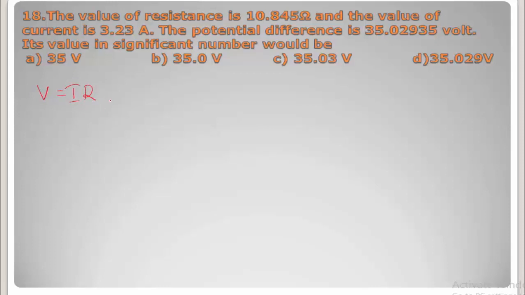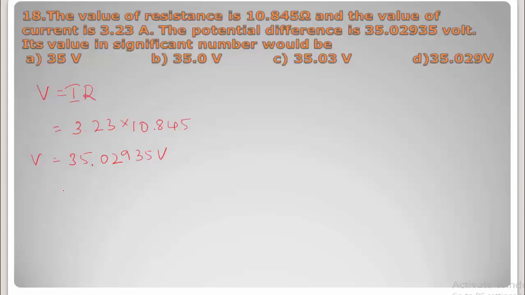We already know that it is a product, current value is 3.23 into resistance 10.845, and V becomes 35.02935 volts.